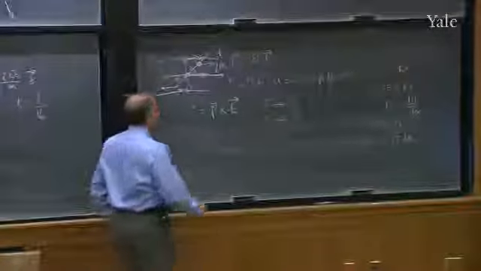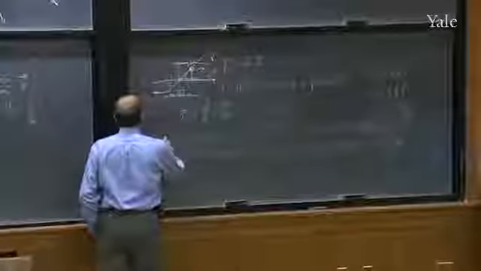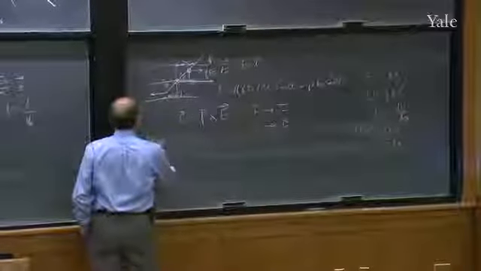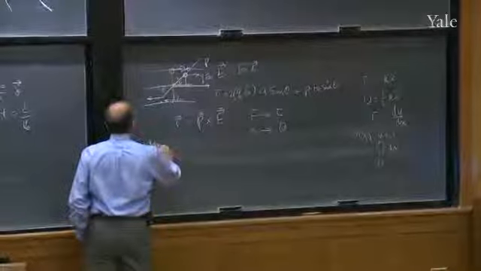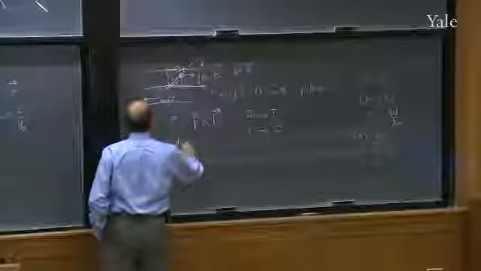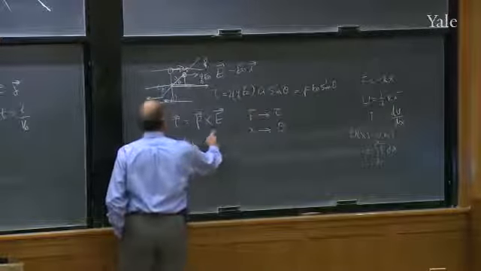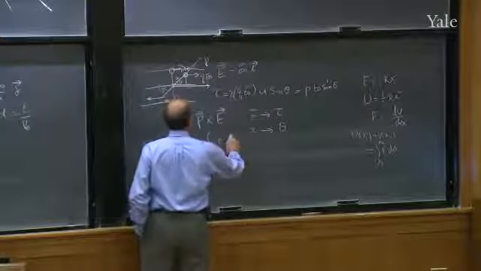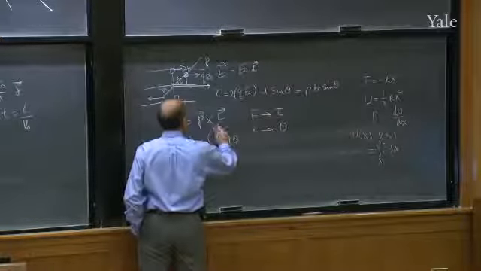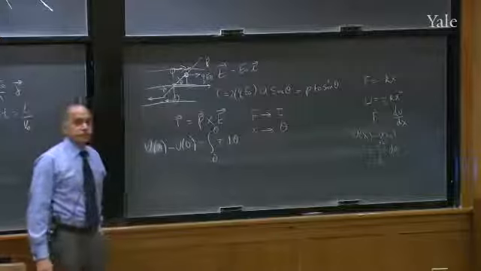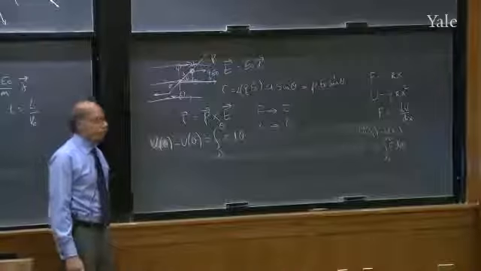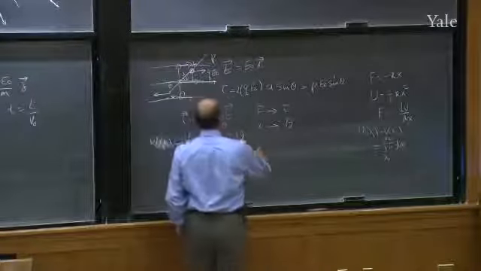If you want to calculate the work done by the dipole, or if you like, the potential energy when it's at angle theta minus its potential energy when it's at angle 0, it is the integral of the torque d theta from 0 to theta. Now, what is the torque?